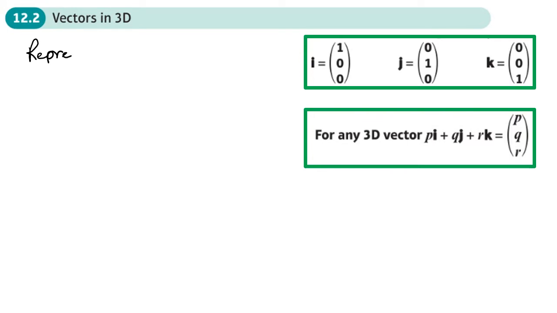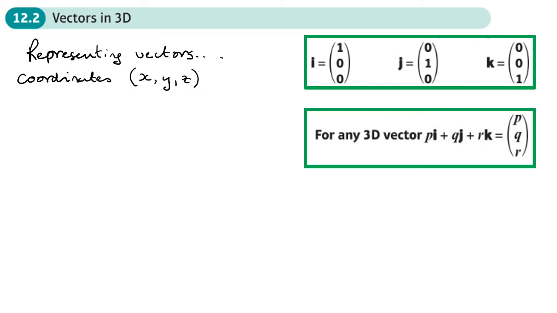So representing vectors. We can represent a vector as coordinates, which we've done already, so x, y, z.